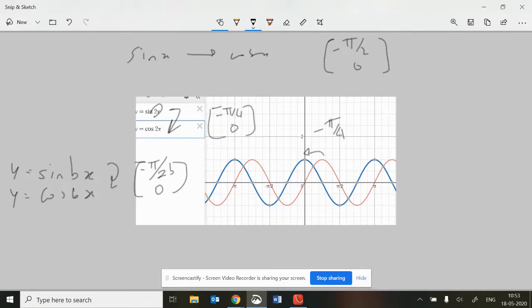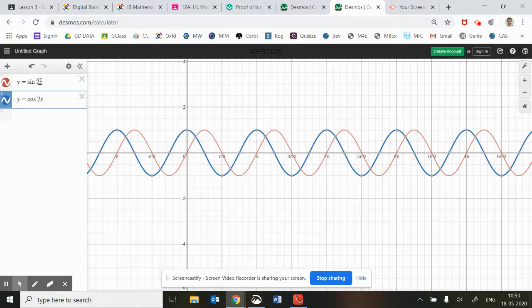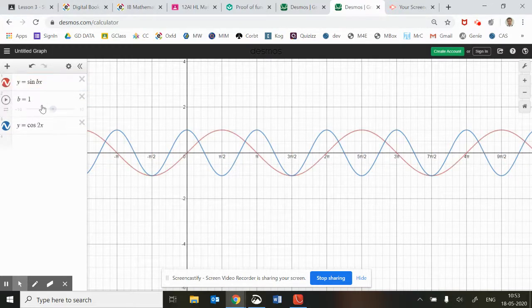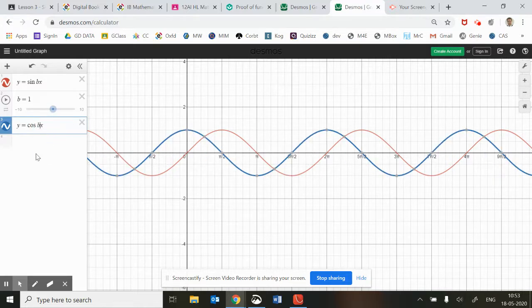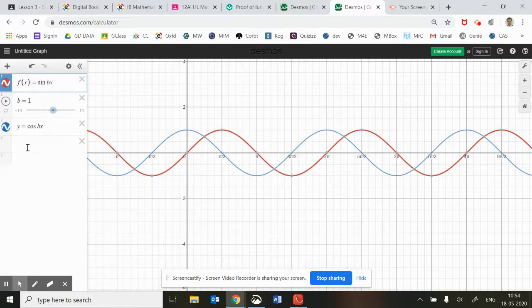Okay, so let's have a little look at that one. Let's build it up again. So let's put in here b of x. It's going to ask us to add the slider. And let's put b of x in there as well. And we've got 1 in that case. But let's take that original graph and let's actually call this f of x at the start. Then we can do a nice easy transformation of f of x.